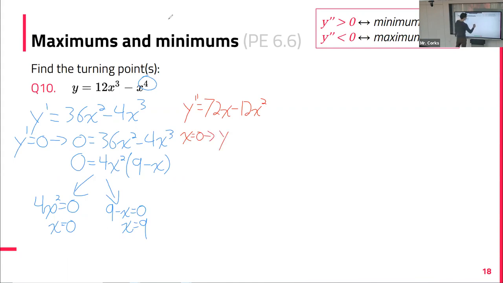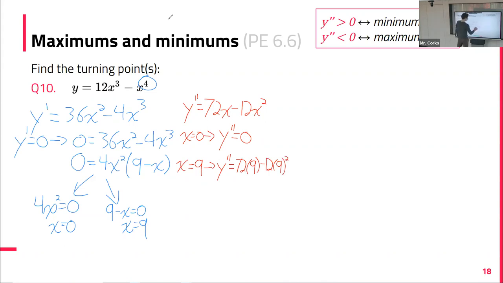So second derivative will be equal to 0. When x is equal to 9, second derivative is 72 times 9 minus 12 times 9 squared. Is this negative? Okay, so negative number here.